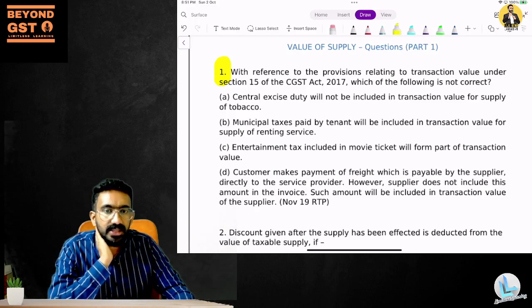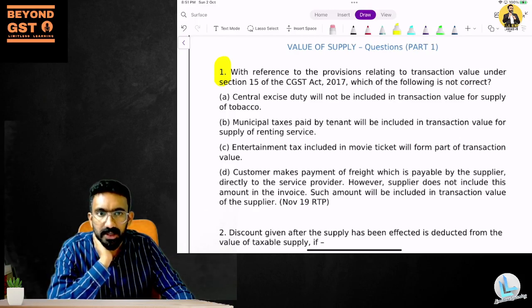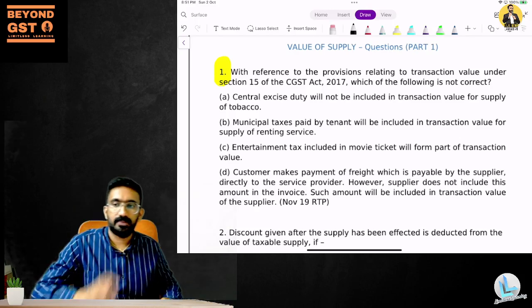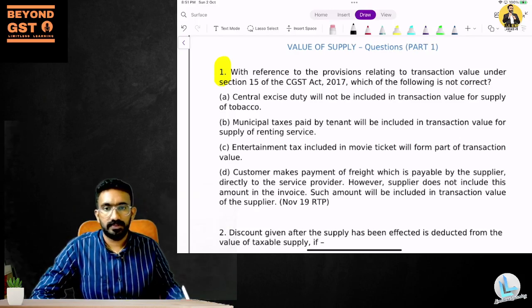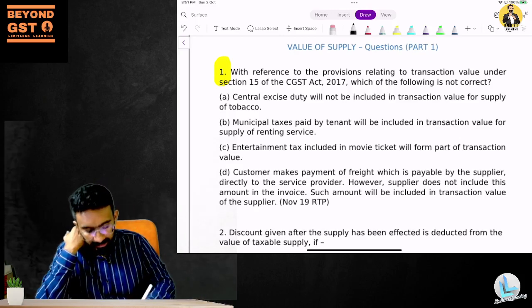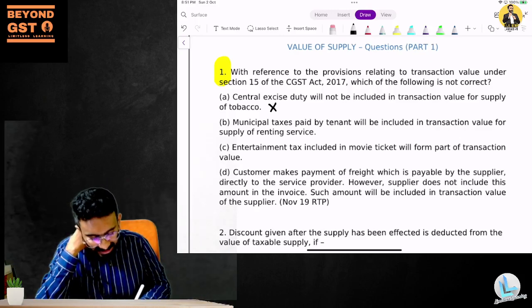A. Central excise duty will not be included in transaction value for supply of tobacco. Is it correct or is it incorrect? There are four options given. We'll have to say it is incorrect. Reason, we just had seen an example.